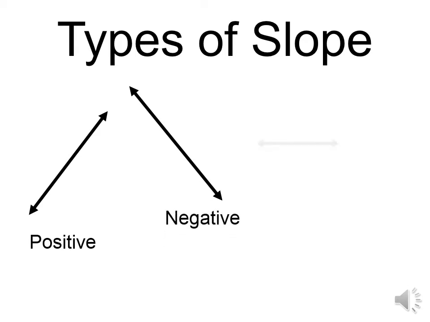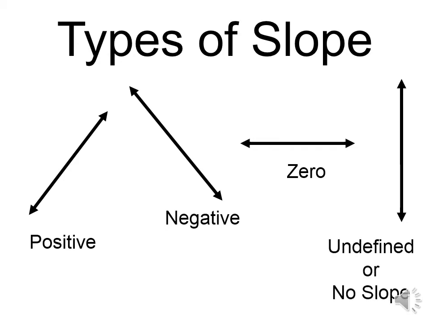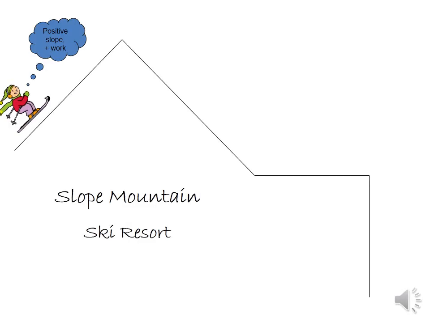Third case, if the line is parallel to the x-axis, the slope of this line equals 0. But if the line is parallel to the y-axis, there is no slope here, so the slope is undefined. Here we have an example for the positive slope.